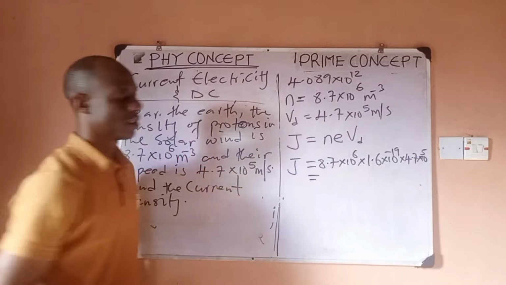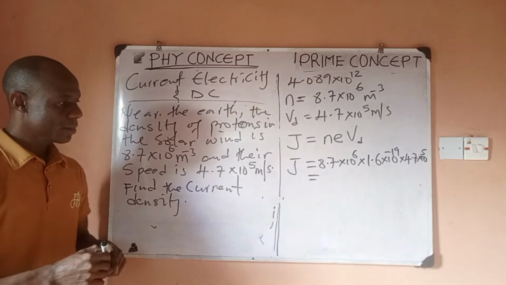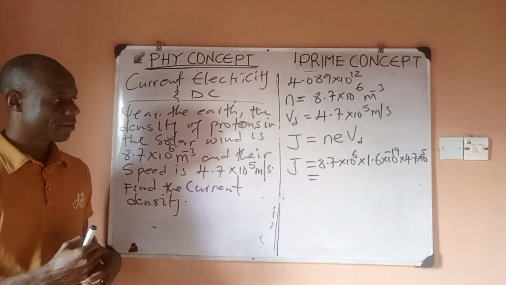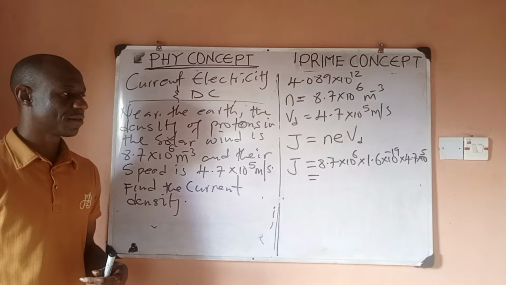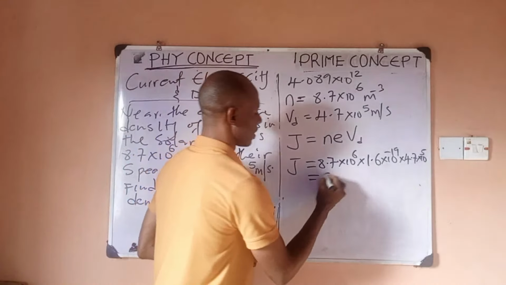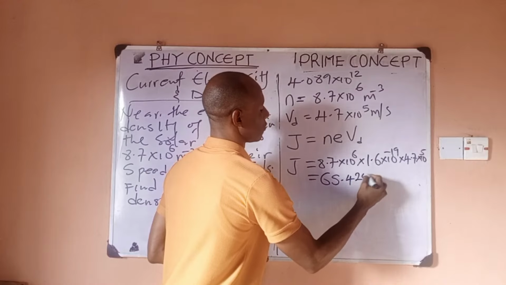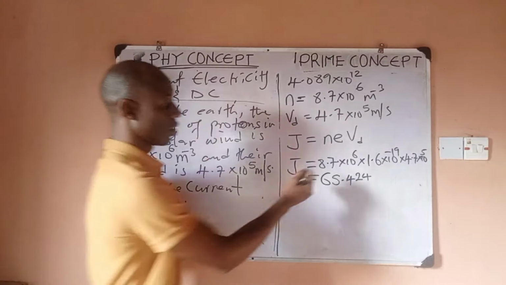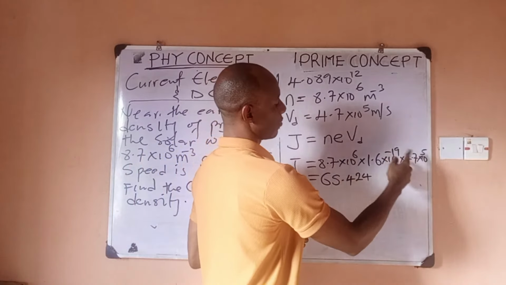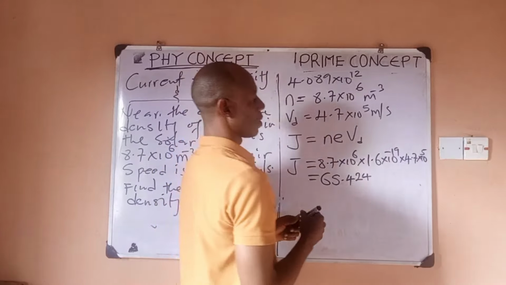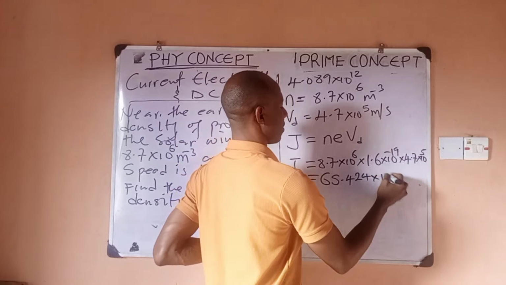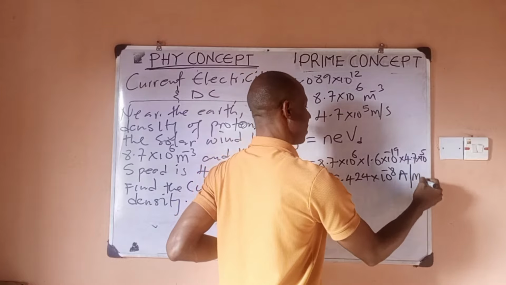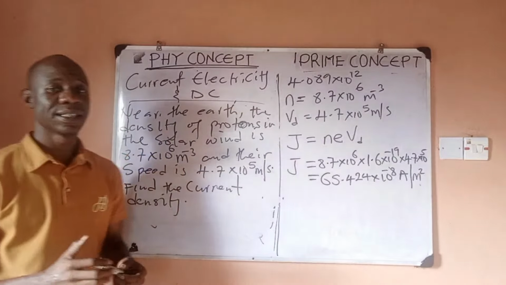So if you punch this, just punch 7 times 1.6 times 4.7, you'll have 65.424. When you multiply these, the power is going to be 11 minus 19, which is minus 8. So the answer is 65.424 times 10 to the power minus 8, and the unit is ampere per meter square. That is the unit of current density, ampere per meter square.